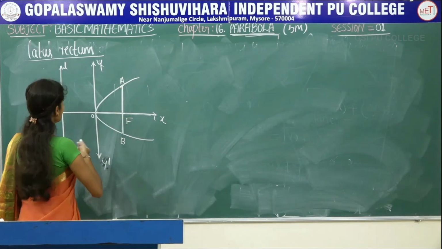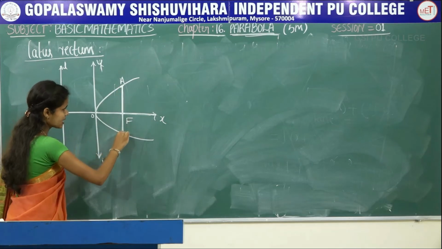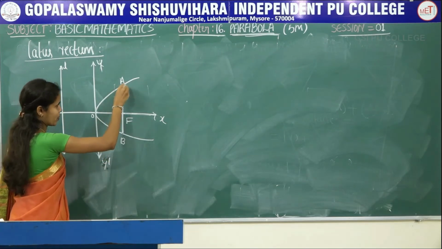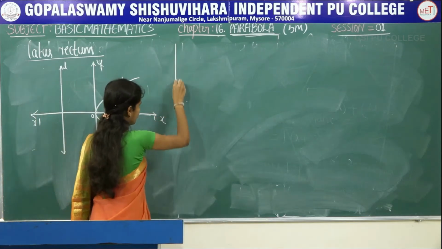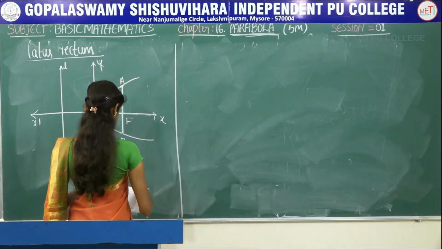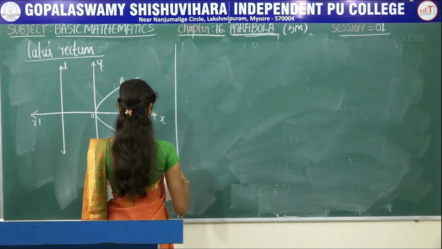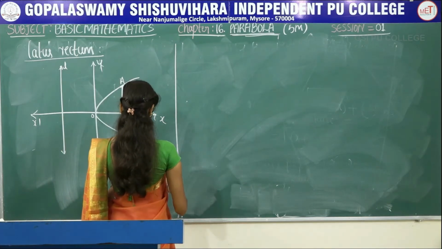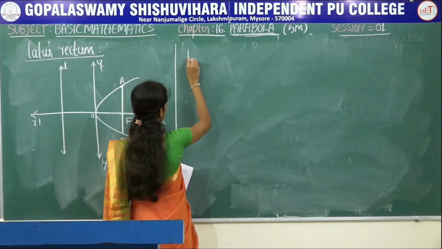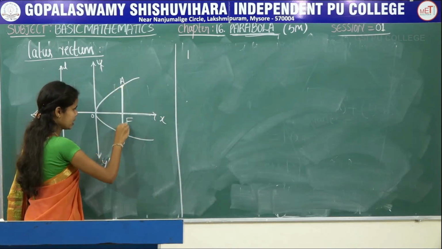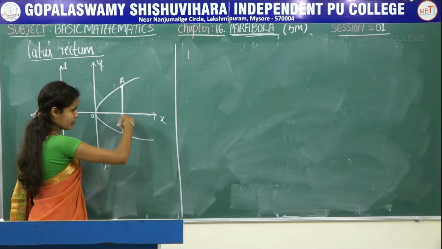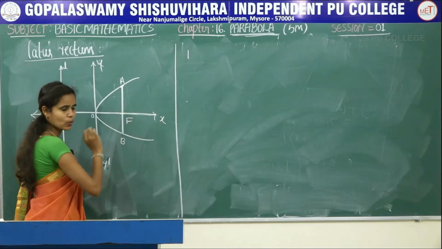Next, let us derive the length of the latus rectum. Here we want to find the length of AB, the distance between A and B. It is symmetric, therefore AF is equal to FB.